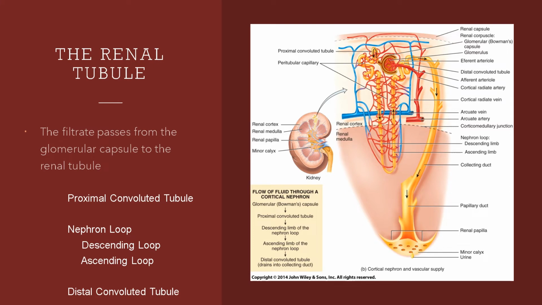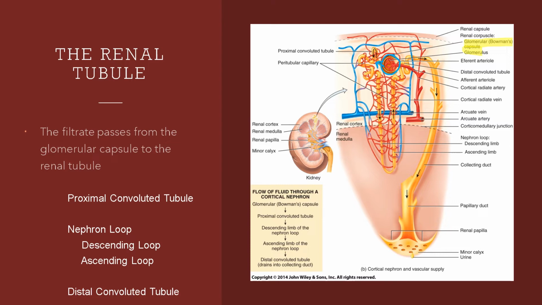Blood plasma is filtered in the glomerular capsule. Remember the Bowman's capsule, which is right here. And then the filtered fluid passes into the renal tubule. So it passes to the left this way. And the renal tubule itself has three main sections.